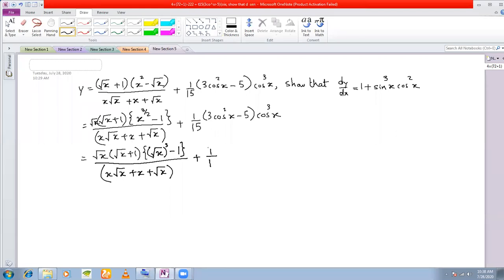And you multiply this. You get 3 by 15 cos to the power of 5x minus 5 by 15 cos cube x.